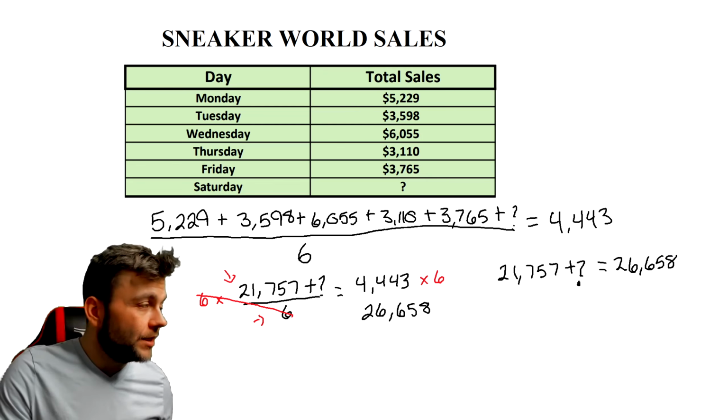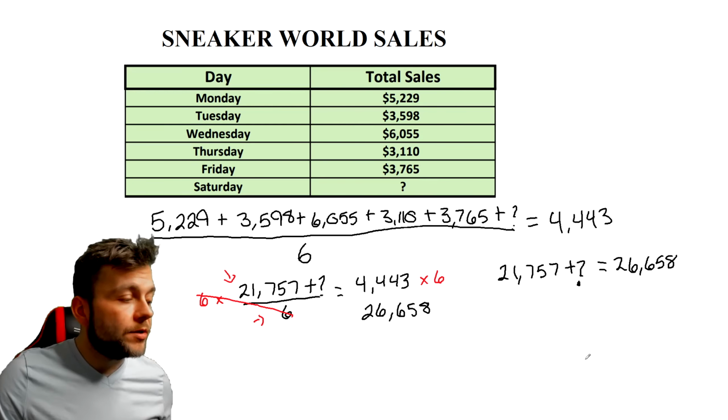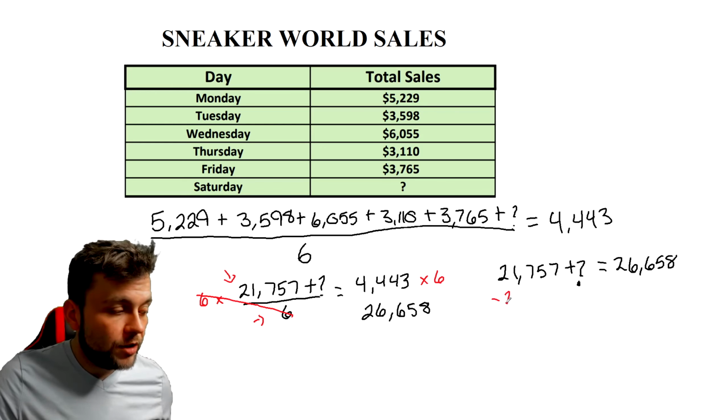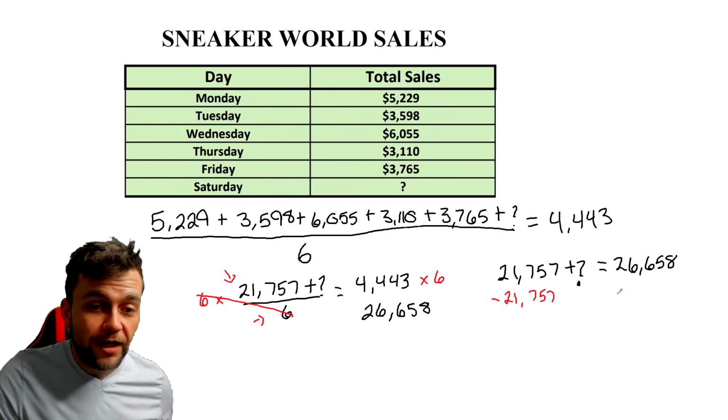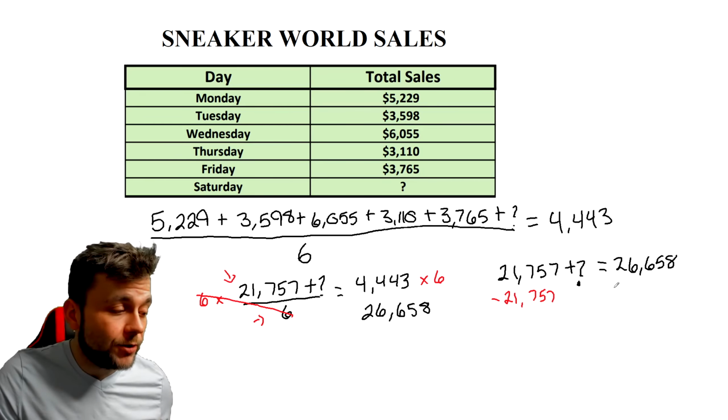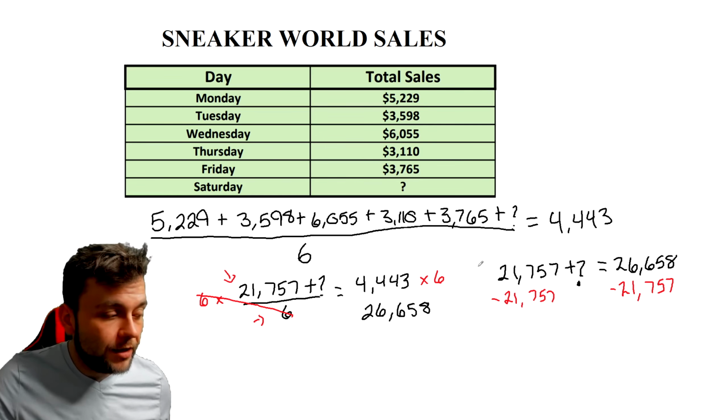So our next step is to subtract 21,757 from both sides. What you do to one side, you do to the other. So subtract 21,757 from this side. So this side over here, this cancels out.